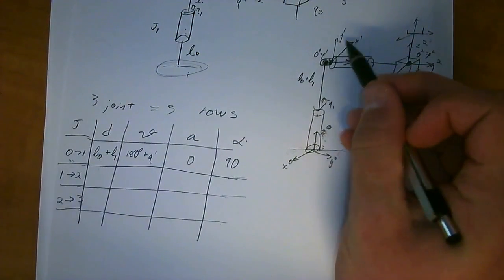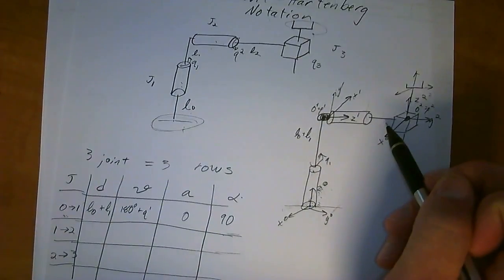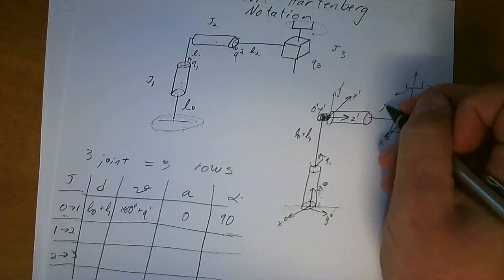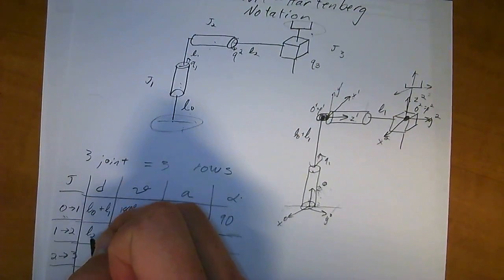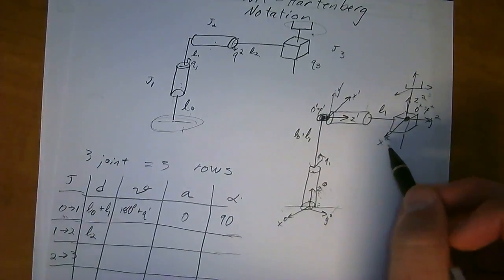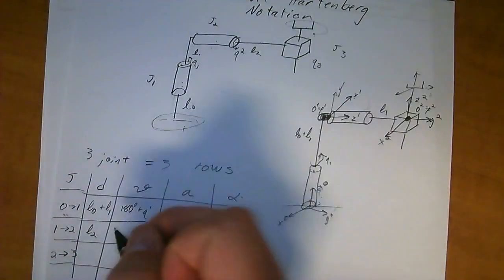Alright, so going from 1 to 2, this axis to this axis, you have a displacement of L2. This is L2. You can see it up here, right there. L2. Alrighty, that's fine. And then you have a revolute joint again.